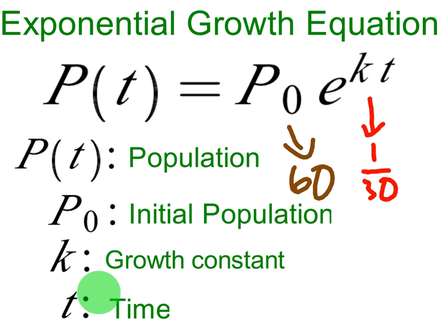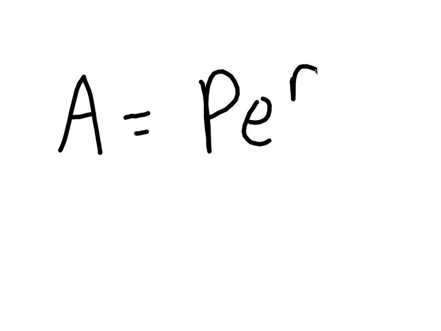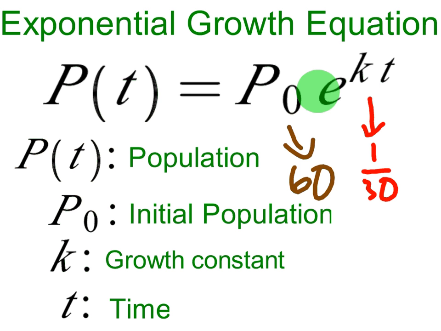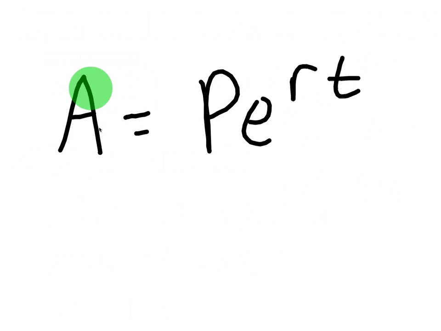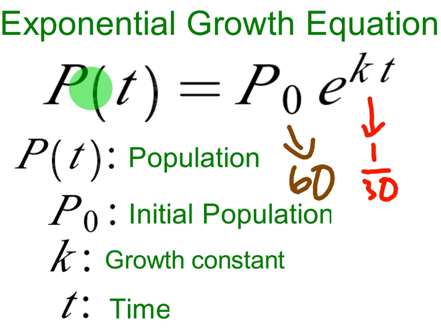The final thing I want to do is relate this to compound interest. We can take this same formula and write it in terms of compound interest. You might have seen this formula before: A equals P e to the rt. Almost exactly the same thing as we were just showing, except instead of talking about population, we just use A to represent the amount in the account.